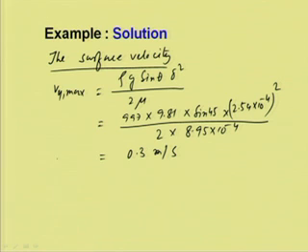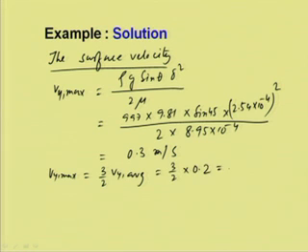Or in other words, we can calculate V_y max is equal to 3 by 2 V_y average, which gives the same value, 3 by 2 into 0.2, which is equal to 0.3 meter per second.